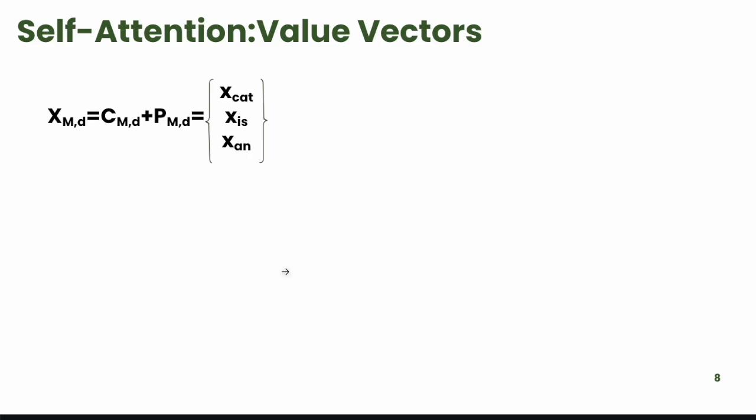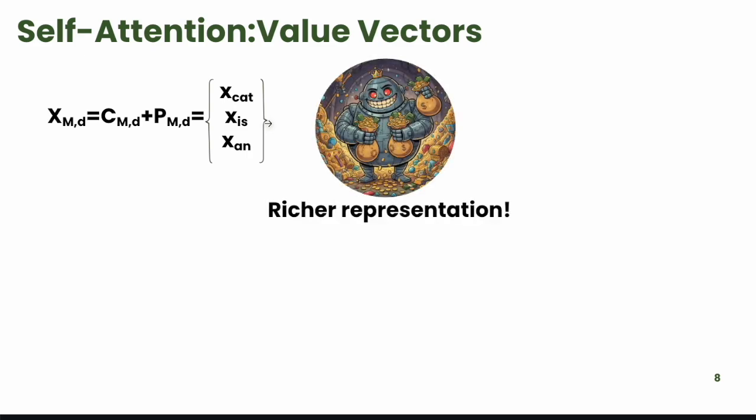So the self-attention layer has many components. We will be discussing the first component, which is called the computation of value vectors. You can see that I have decomposed X into different rows, and each row corresponds to a different word in our sequence. The first row corresponds to cat, the second one to is, and then to an. Value vectors let the model compute a richer representation of the input words.